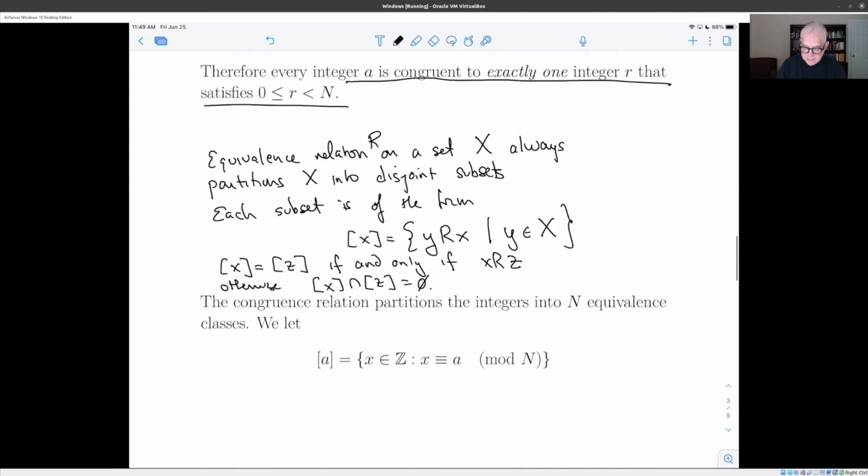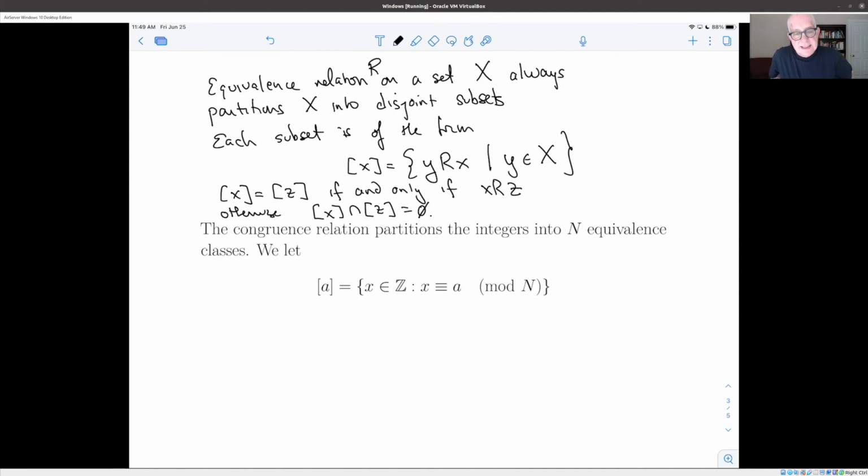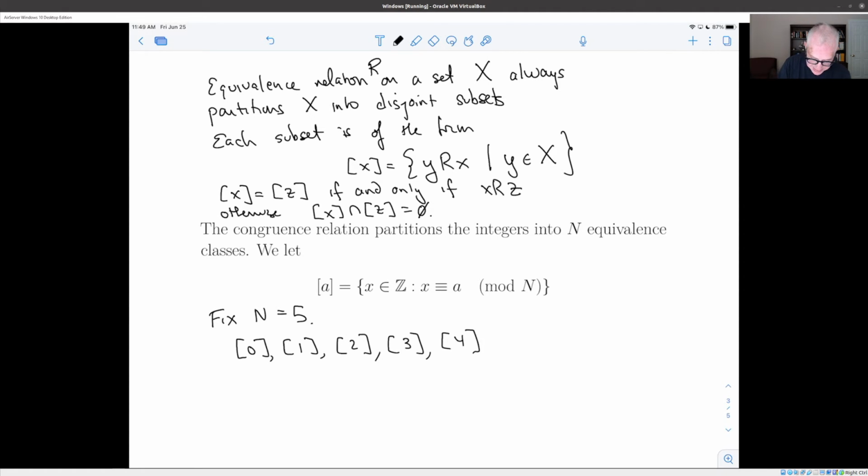And that's written very abstractly, but what it means in the context of congruence is that if we fix n, let's say n equals 5, then we have the classes 0, 1, 2, 3, and 4, and every integer belongs to exactly one of these.